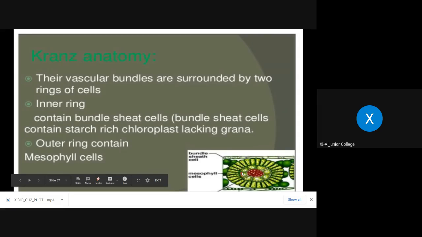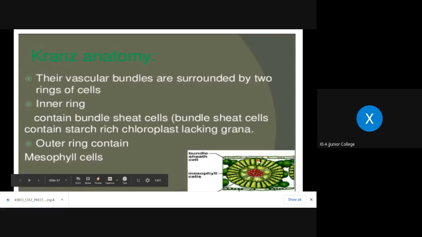And there is one more thing you need to remember, that these bundle sheath cells have large cells, but the grana are very poorly developed, or a very small amount of granum is present, whereas stroma is more in the bundle sheath cells, whereas the grana in the mesophyll cells are of small size but many in number.